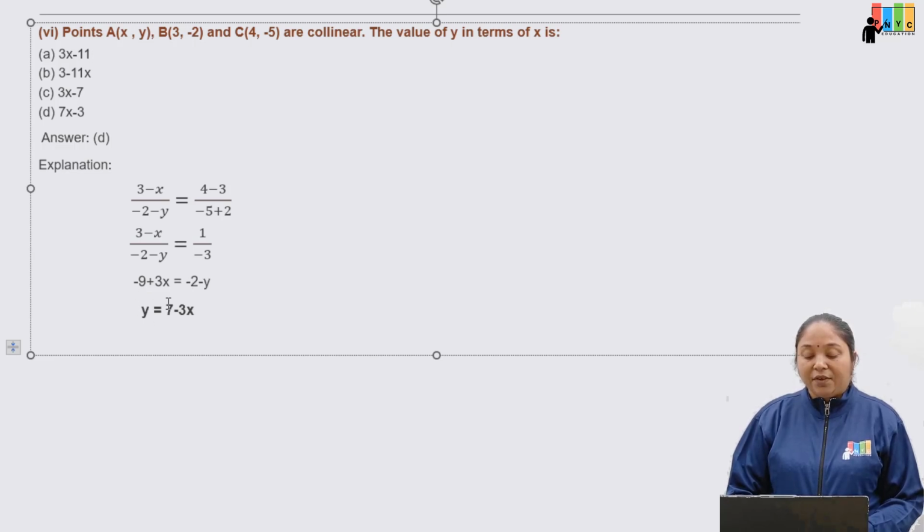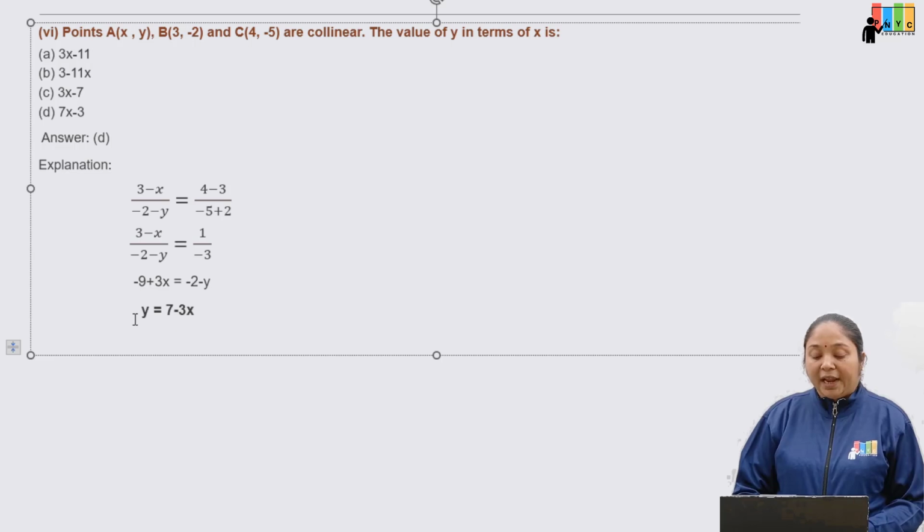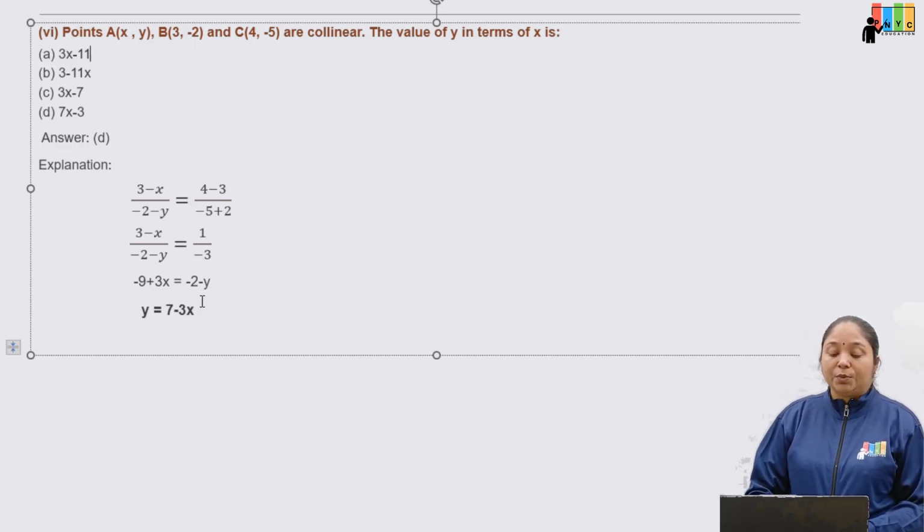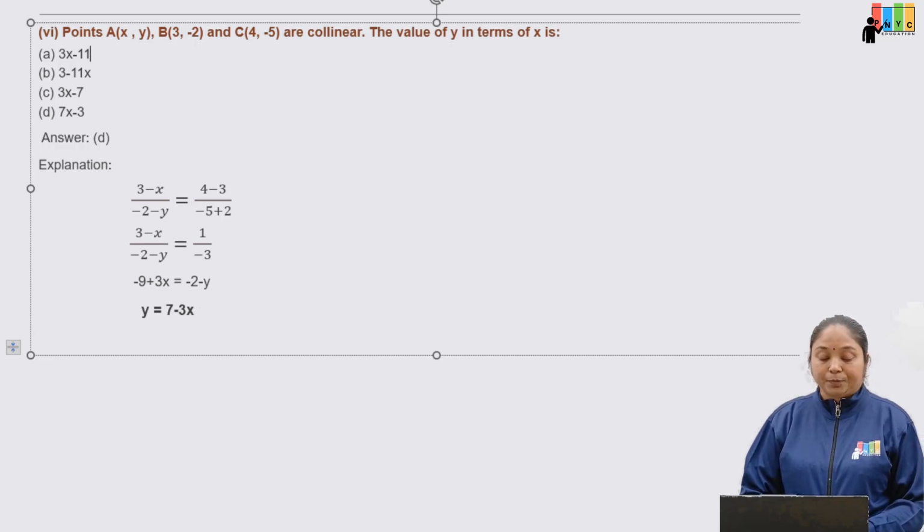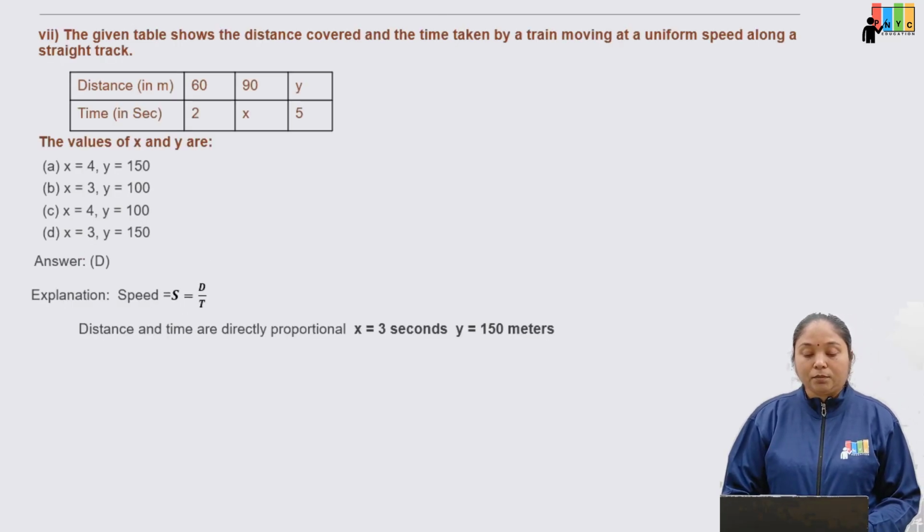In terms of y we want, so y = 7 − 3x, since −2 + 9 is 7 and 3x becomes −3x. So y in terms of x is y = 7 − 3x. The correct option is option number D.